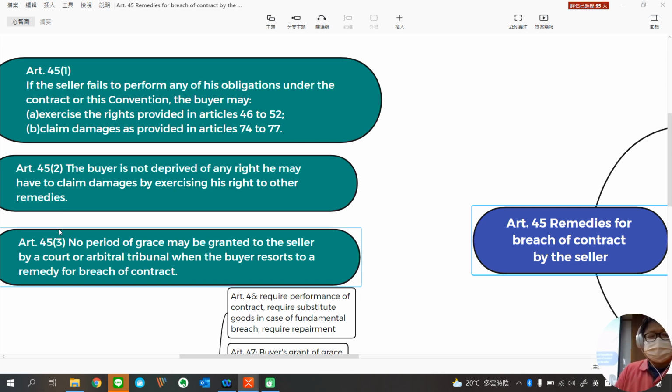And also Article 45, paragraph 3: no period of grace may be granted to the seller by a court or arbitral tribunal when the buyer resorts to a remedy for breach of contract. That means only the buyer has the right to grant a grace period. Okay.